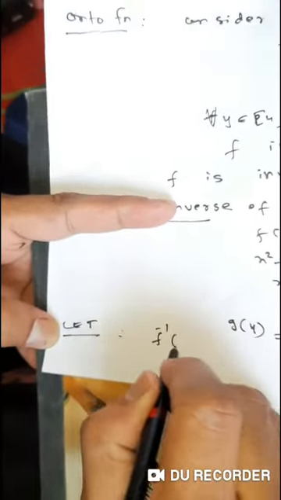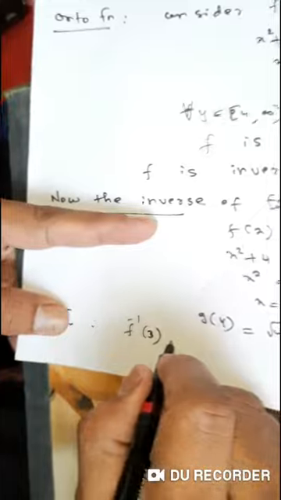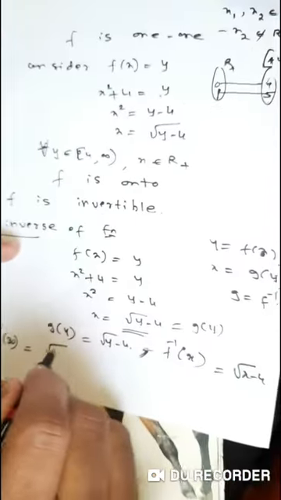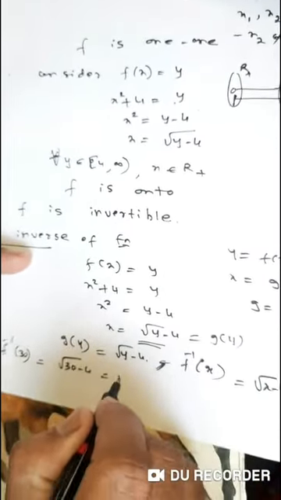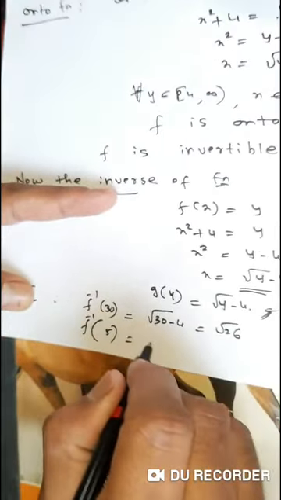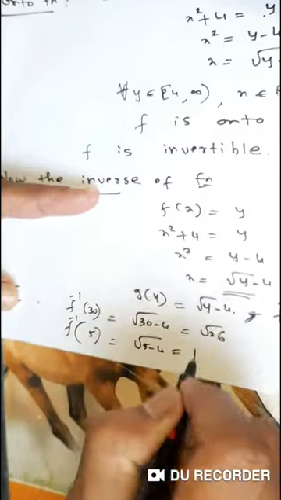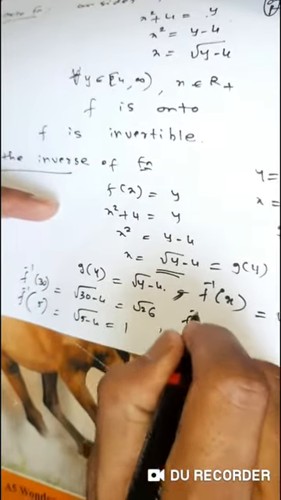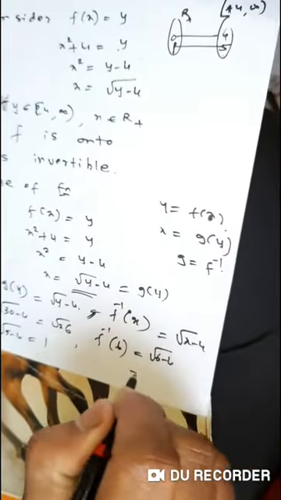Finding f inverse of 30 will be asked. f inverse of 30 is root of 30 minus 4, root of 26. It can be asked f inverse of 5, so that is root of 5 minus 4, which is 1. So f inverse of suppose 6 can be asked. f inverse of 6 is root of 6 minus 4, that is root 2, etc. So this concept is important for CET also, to find the inverse of the function.